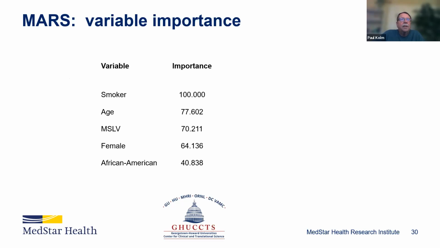You can see that being a smoker is our top variable as far as prediction, then age, months since last visit, and then something of a drop off there. If you have a lot of variables in the model, it'll list all of them and the importance down to something close to 0 for the least important one.